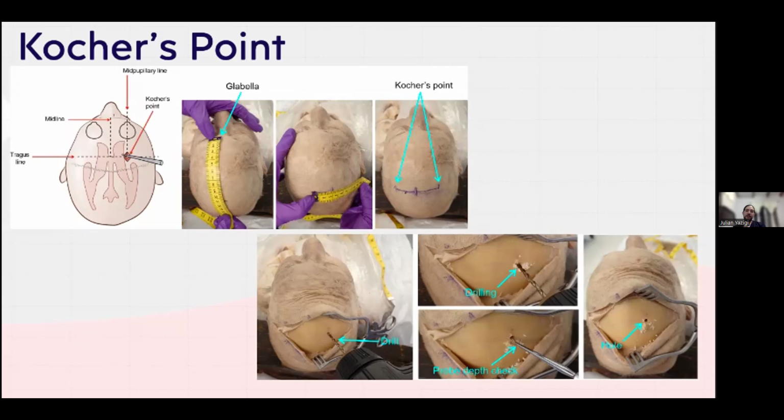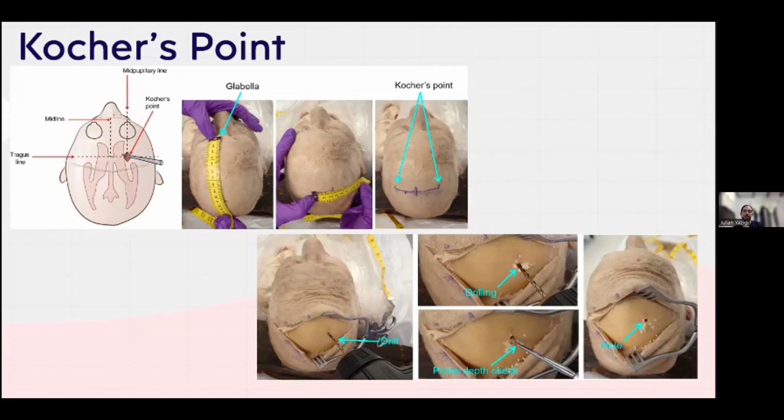To identify Kocher's point, the process begins with establishing the nasion-inion midline, which defines the cranial midline or approximates the course of the SSS, the superior sagittal sinus. From this, we measure 2.5 to 3 centimeters lateral to the midline and 10 to 11 centimeters posterior to the nasion.